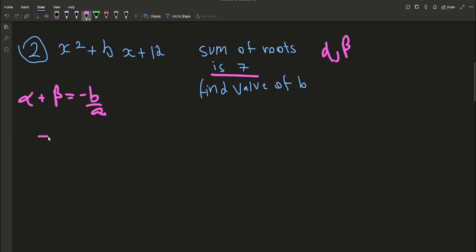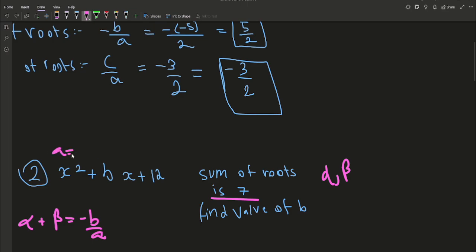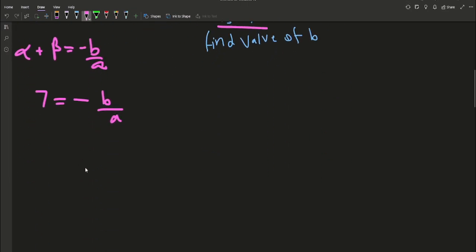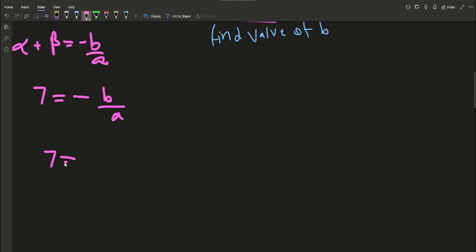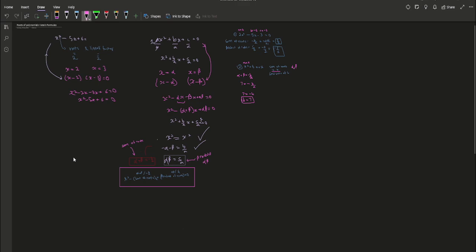So 7 equals minus b over a. The value of a is 1. So 7 equals minus b. Let's make b the subject. b equals minus 7. Right? So this is it for today's lecture.